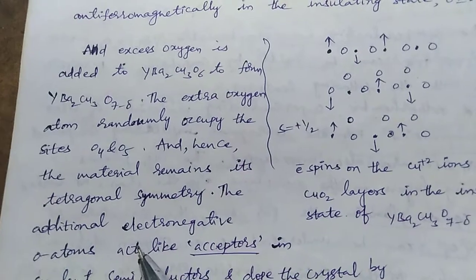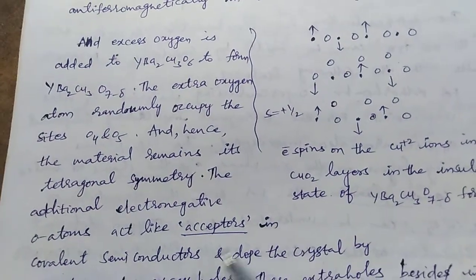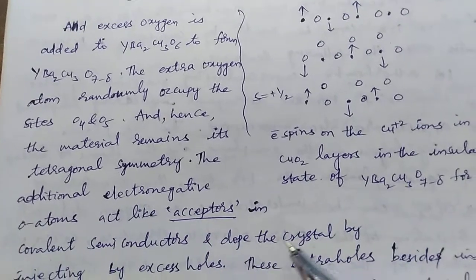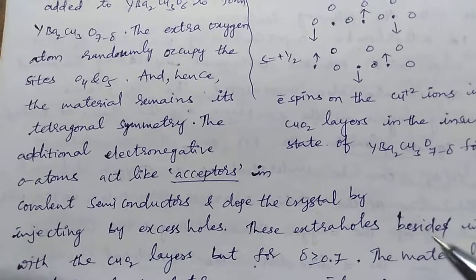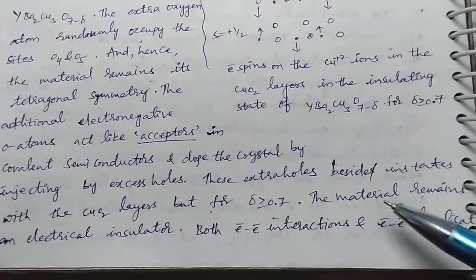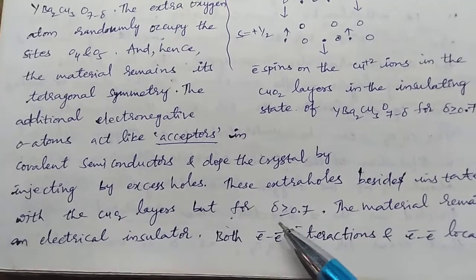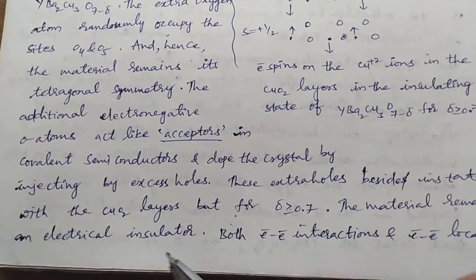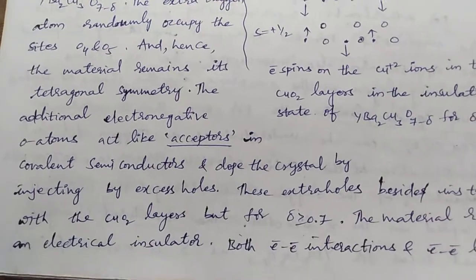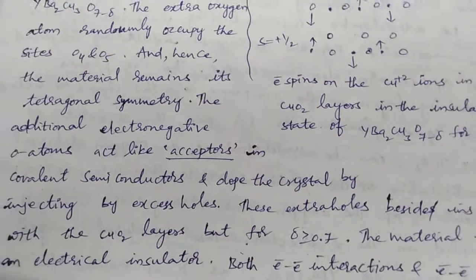The additional electronegative oxygen atoms act like acceptors in covalent semiconductors and dope the crystal by injecting excess holes. These extra holes reside in the CuO2 layers, but for delta greater than or equal to 0.7, the material remains an electrical insulator. So this is regarding the crystal structure of the YBCO system.